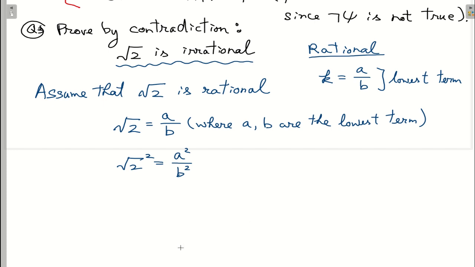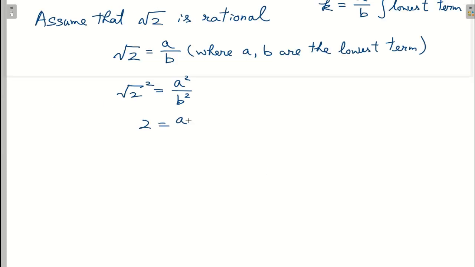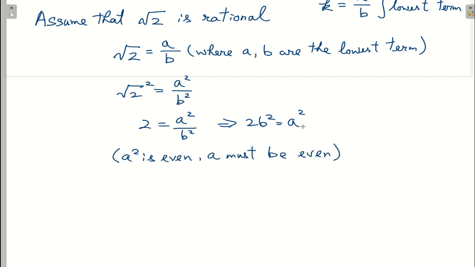Then we square both sides. We have 2 equal to a squared over b squared. That's 2b squared is equal to a squared. Here we know that if a squared is even, a must be even. Because from the above we have a squared equal to 2 multiplied by something, so a squared is even and a must be even as well.